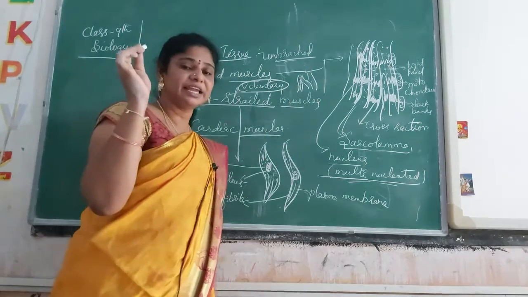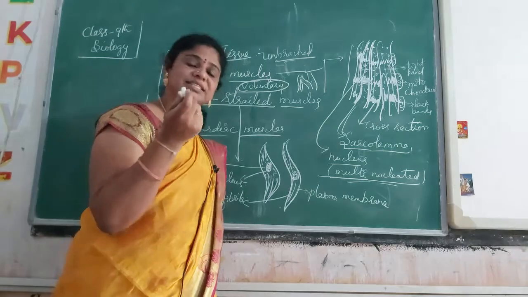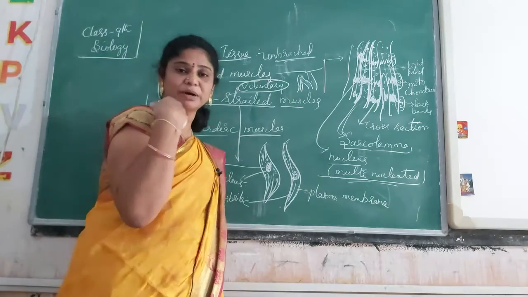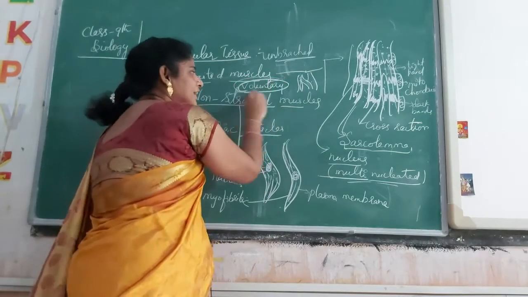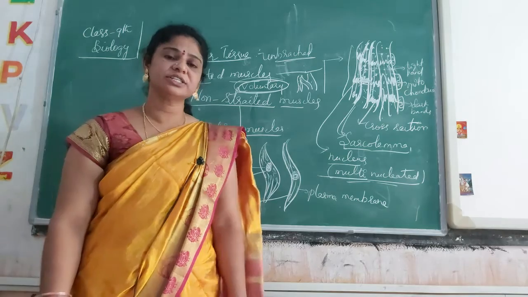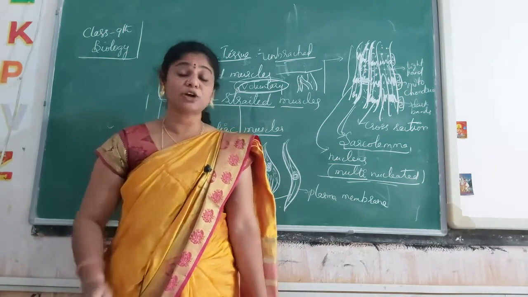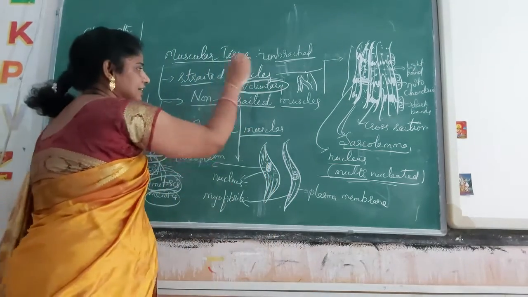Who has sent the information from the brain to the muscle? Compulsorily the nervous system. The nerve cell is bringing the message from the brain to the muscle, and we are moving. This movement of muscle is done voluntarily, consciously, not unconsciously. Consciously moving muscles, those muscles we call striated muscles.